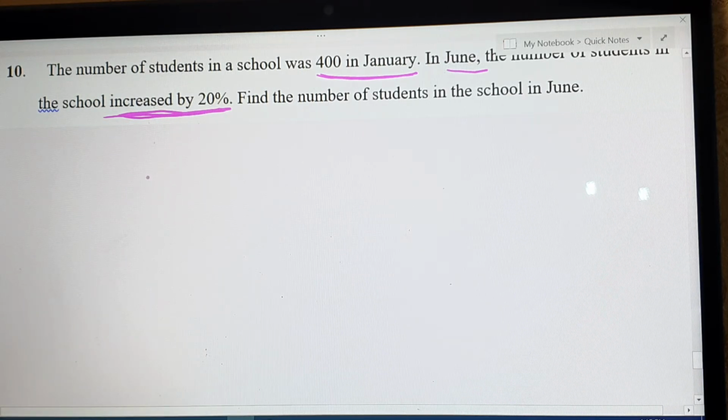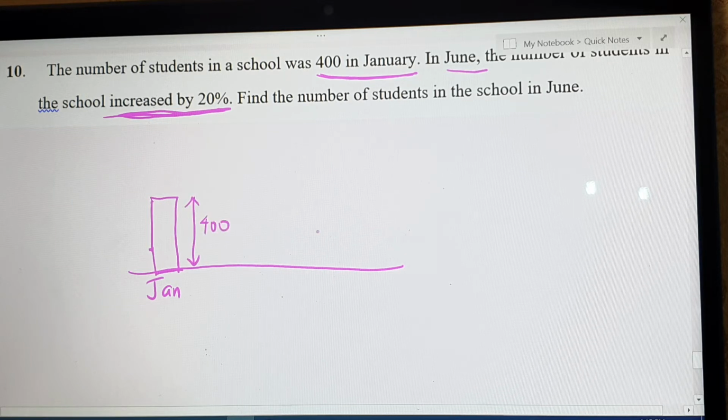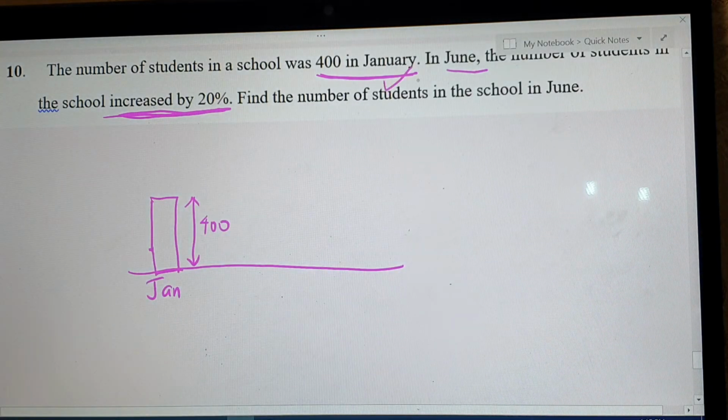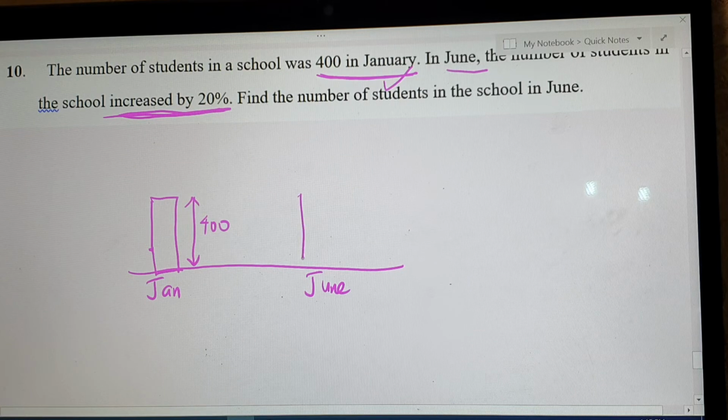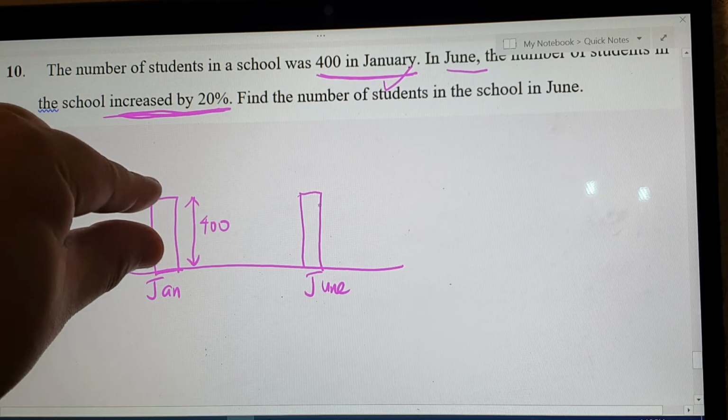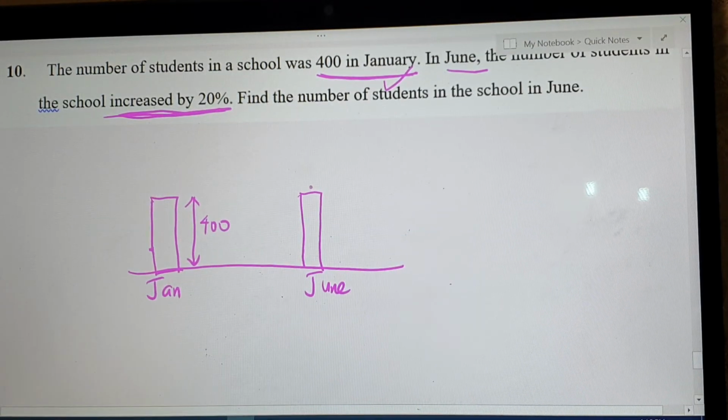So again, let me draw a picture. In January, it is 400. So this is January. How many students? 400. Correct? Done already. Now in June, the school population, if it's the same, it'll be like that. Oh, same, but it's not the same.